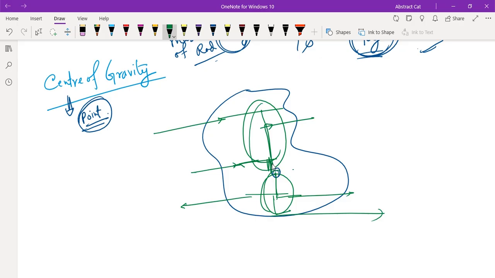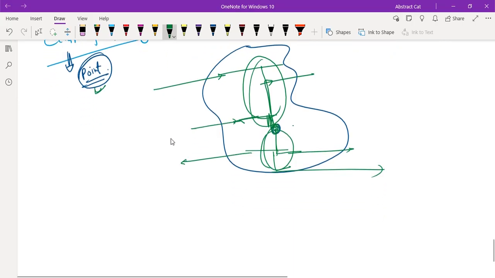At the center of gravity, the algebraic sum of all moments, meaning the addition of all moments at that point, is zero. That point is called the center of gravity.